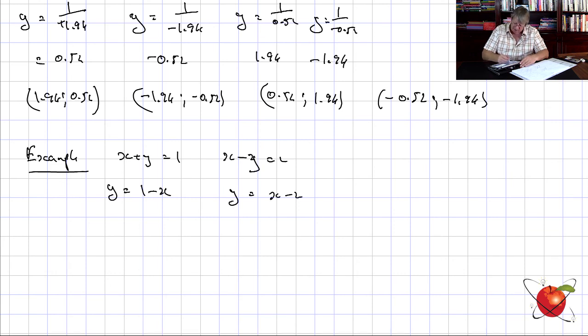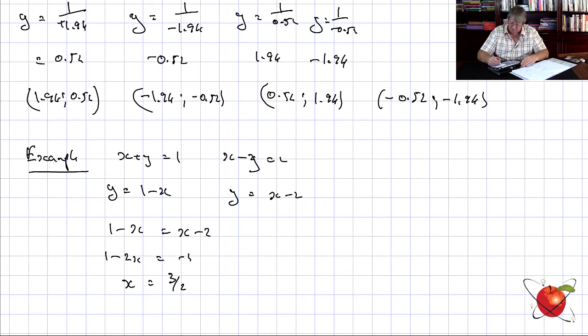And we would put them equal, wouldn't we? 1 minus x is equal to x minus 2. And you'd then solve that, and eventually we're going to get x equal to 3 over 2. And then back substitute for y, right? So it's going to give us the same answers as solving simultaneously.